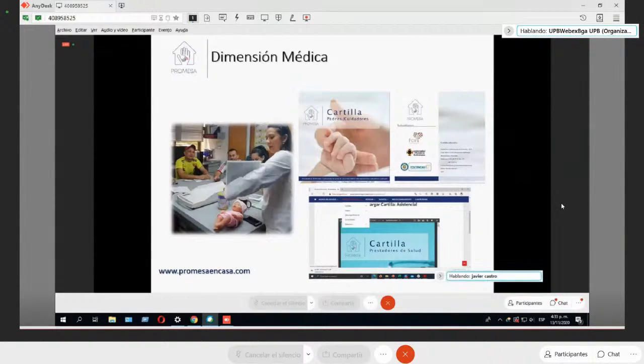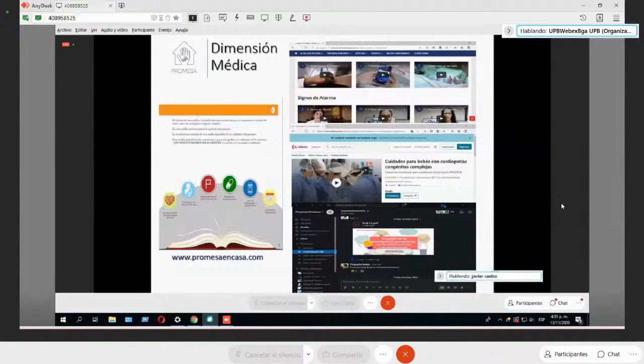We created some texts. They can also be downloaded freely on our website. So there is a booklet for parents and caregivers, and another booklet for healthcare providers. In these booklets, we develop the content so that parents learn how to look after their children, how to detect the warning signs, how to manage the medications, and the technology tools that we are providing them.